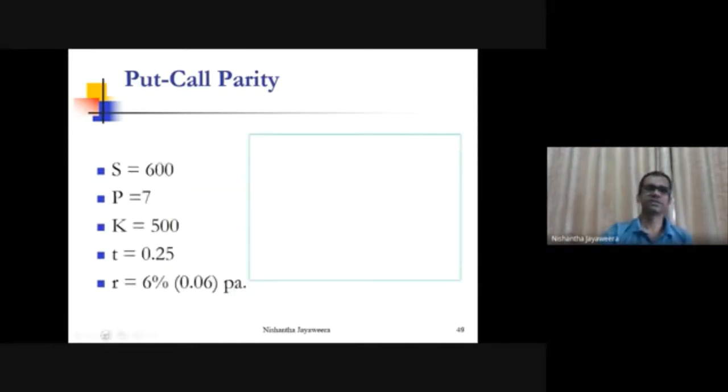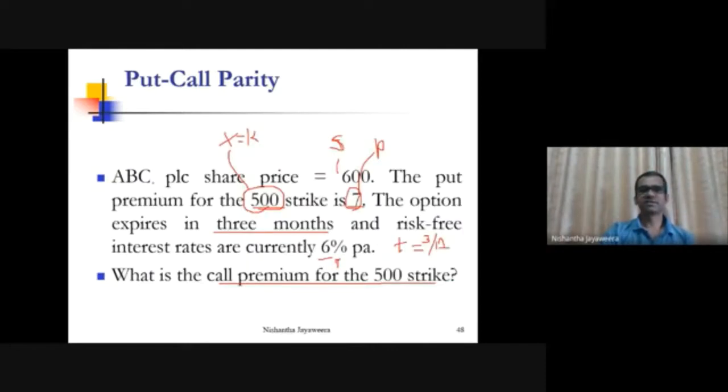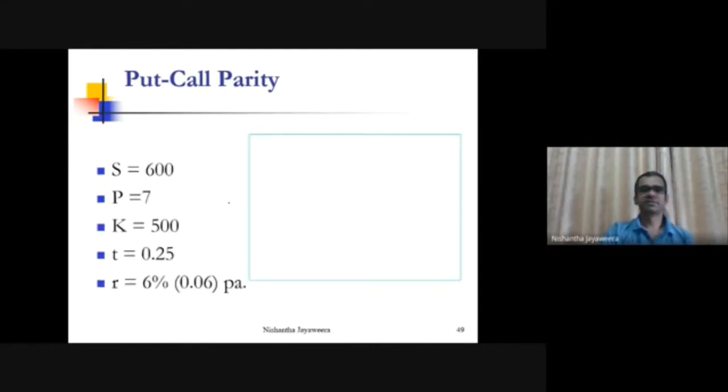So this is in summary. Spot price is 600. Premium is 7, for the put option. Strike is 500. T is 0.25, 3 divided by 12. And interest rate is 6% per annum.